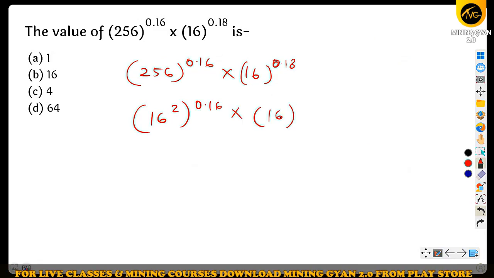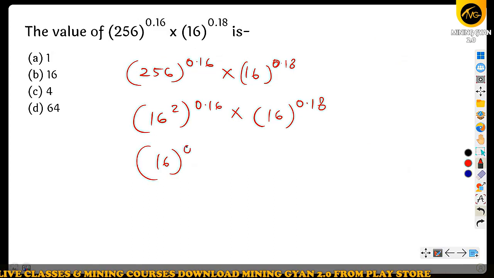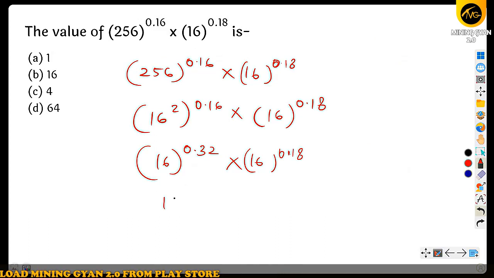Now 16 power 0.18. In this case, the bases are the same, 16 and 16. Now 2 into 0.16, that means 16 power 0.32. Correct? Now 16 power 0.18. If the bases are same, then powers will be added. So 16 power 0.32 plus 0.18.